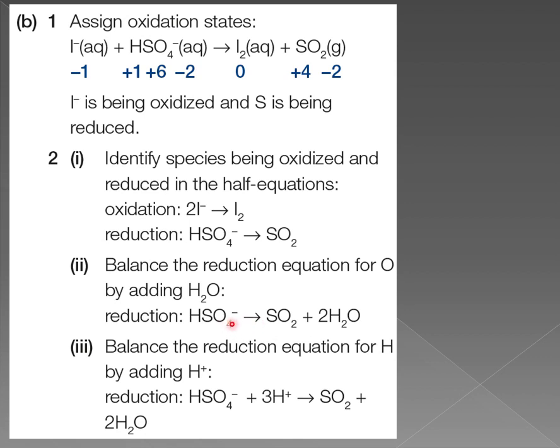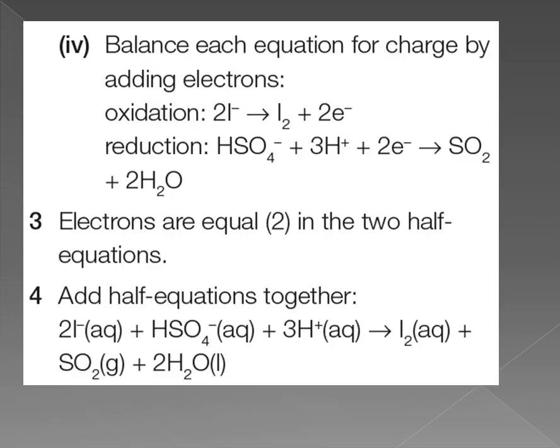So we have 2 oxygen extra, so it will be released as 2 water, same as the previous example. Then we have 3 H plus to balance the hydrogen. So balance each equation for charge by adding electrons.